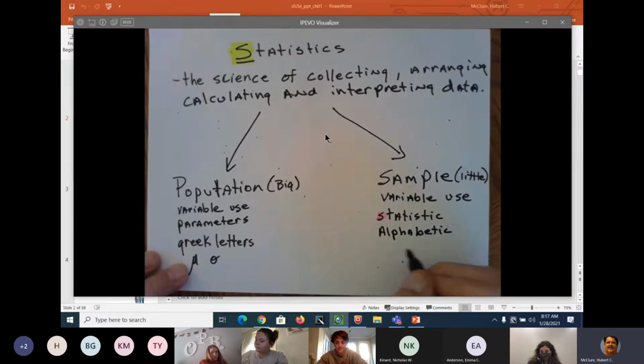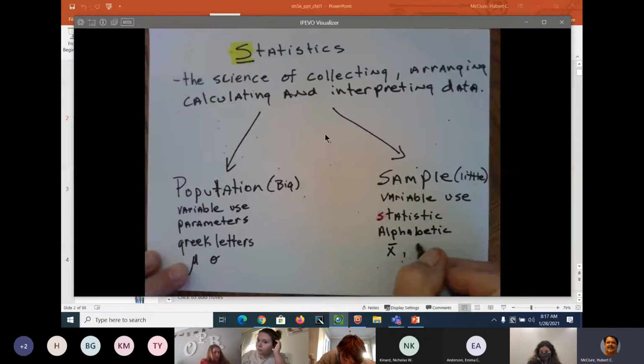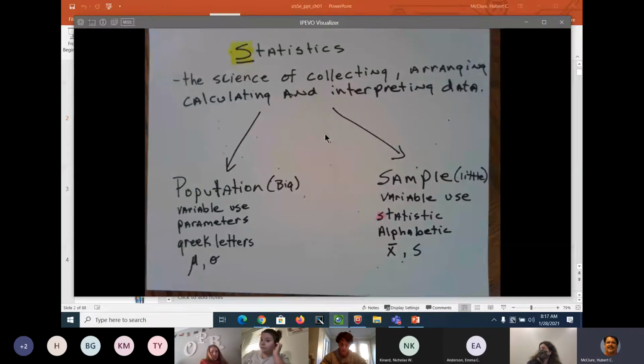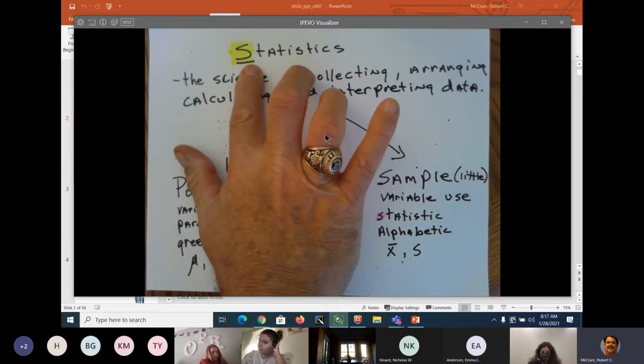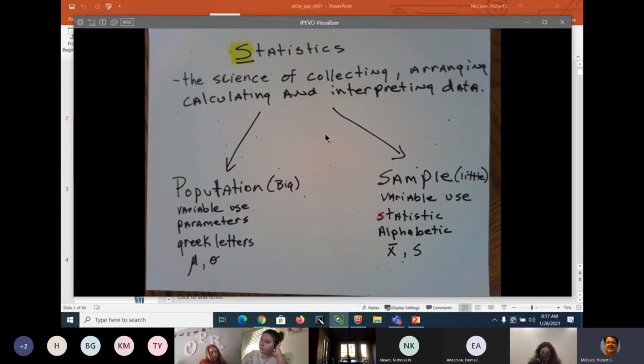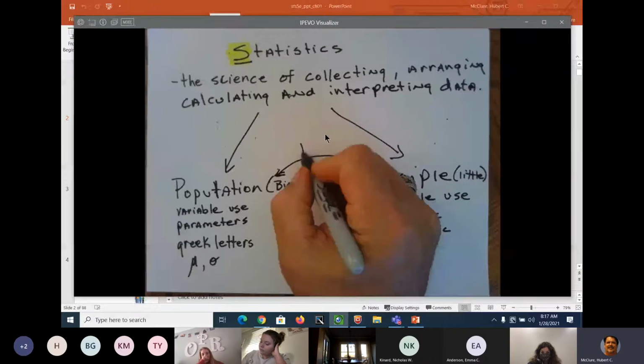Two examples are X bar and S. Now, this is important because in order to understand statistics, uppercase statistics, you've got to realize where the data is coming from. And the data is coming usually from the sample to predict the population.